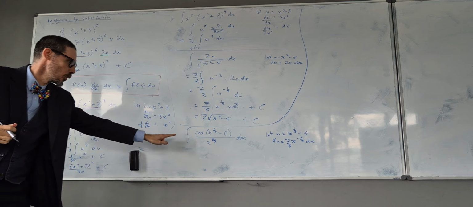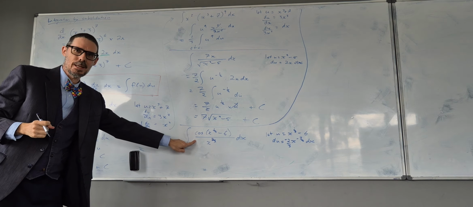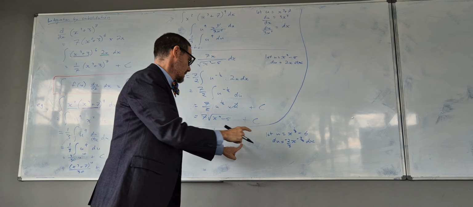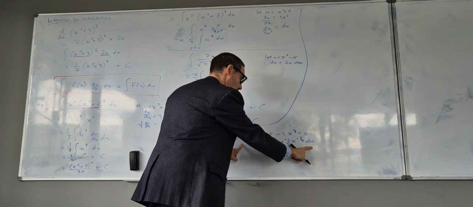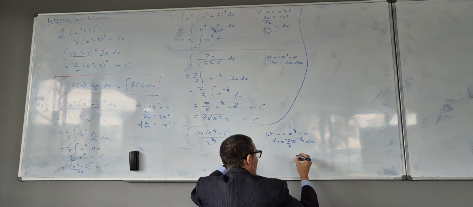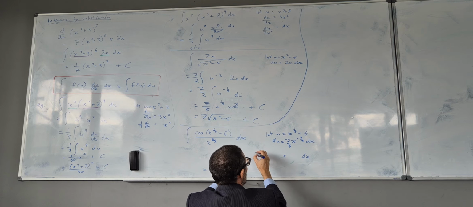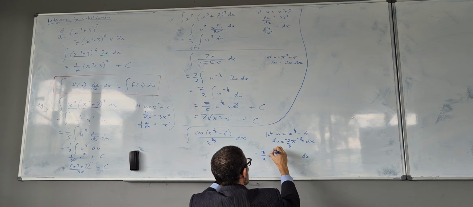Have a go at transforming this into an integral du. You're going to try to write this as dx. If you prefer, you can substitute the other way. You can go dx is negative 3 on 2 x to the 2/3.